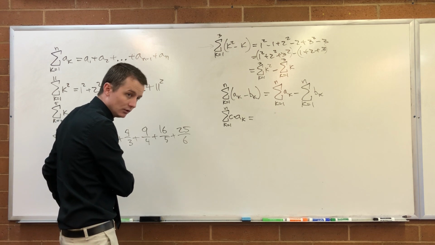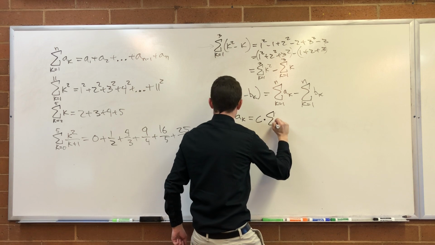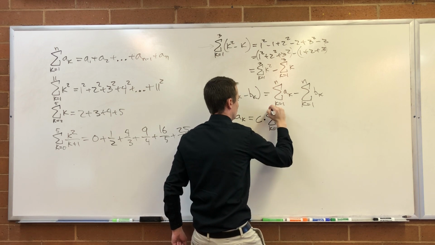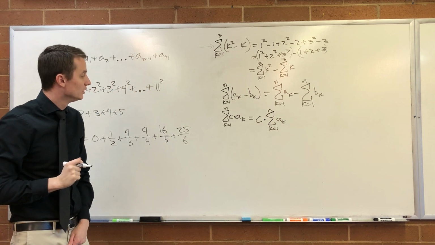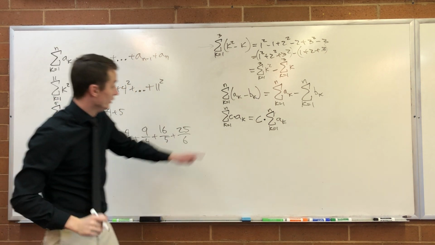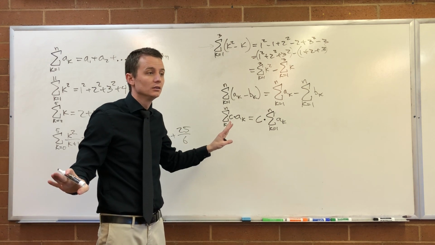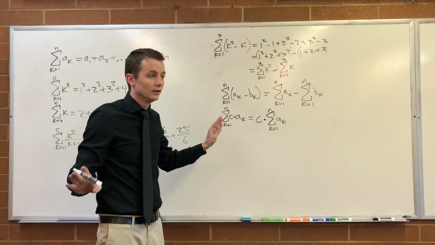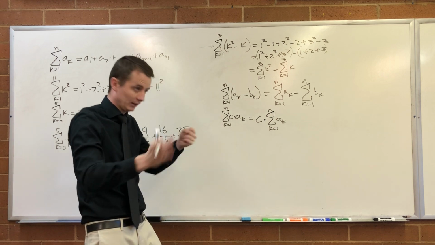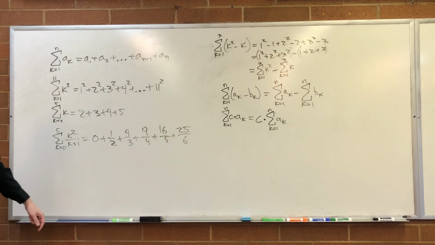So it's the same thing as c times the sum. But it has to be a constant. This can in no way depend upon k, otherwise this does not work, and we saw why. It has to be a constant, because you have to factor out the same term from everything. Does that one make sense?